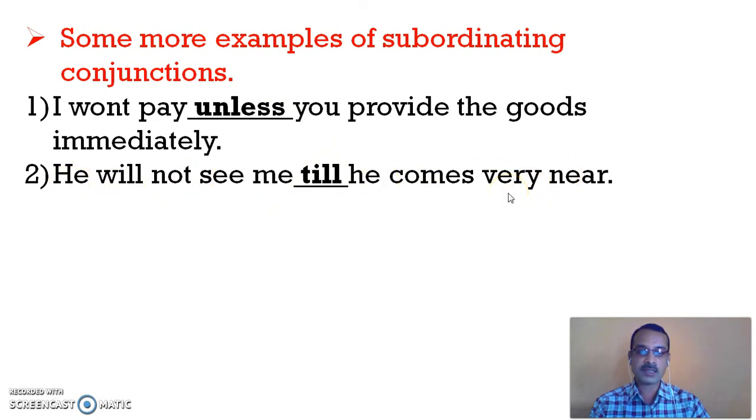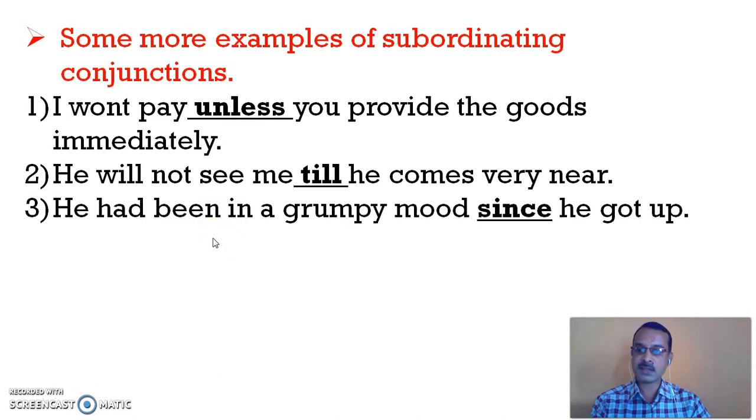The relationship may be of contrast, the relationship may be of condition, the relationship between these two clauses may be of addition. There can be different types of relationship between these two clauses, and according to the relationship, we have to select one of the subordinating conjunctions from the given list.